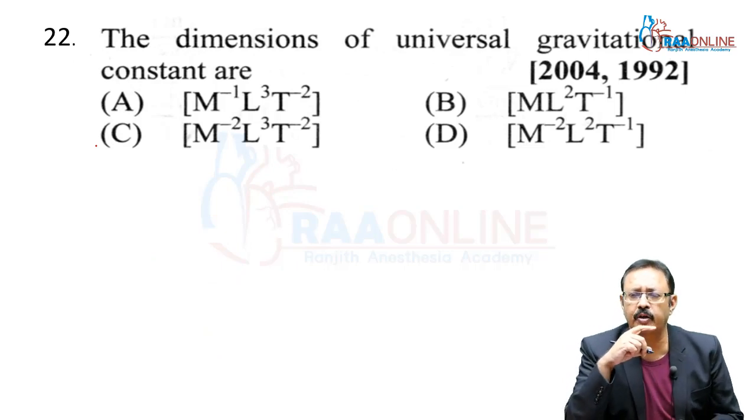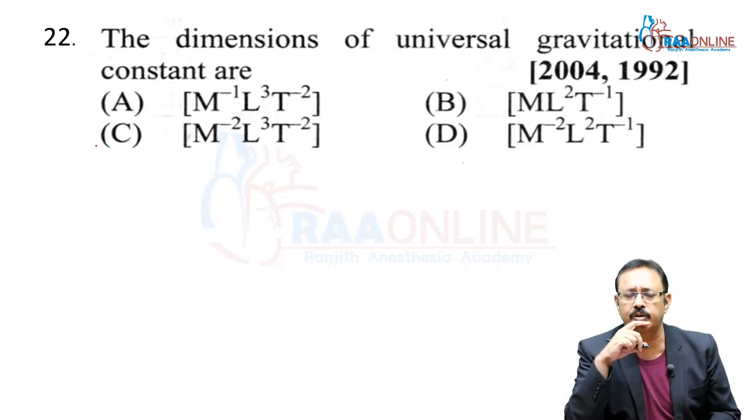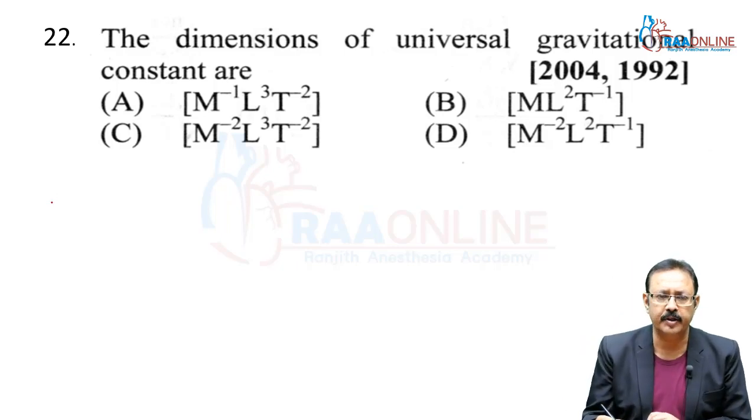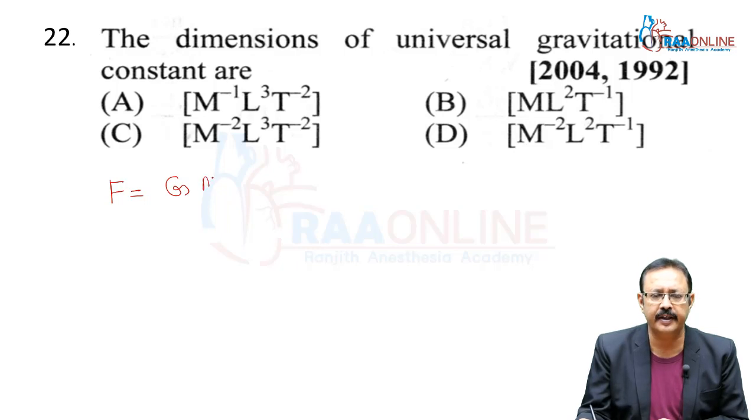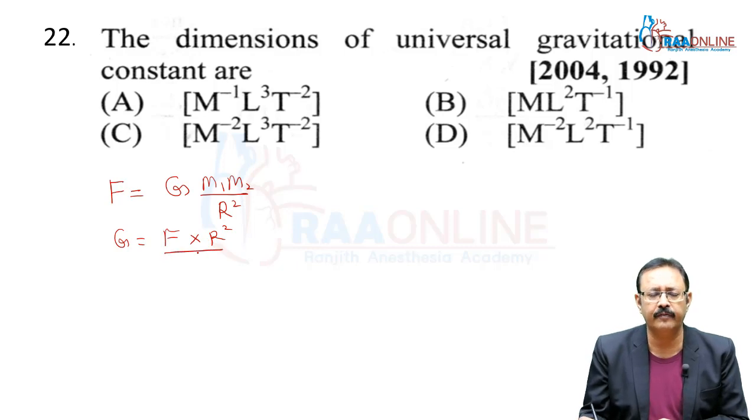The dimensions of the universal gravitational constant are? Where are we getting this? In Newton's law of gravitation, F = G m1 m2 upon r squared. So what is G? Force times r squared by m1 m2.